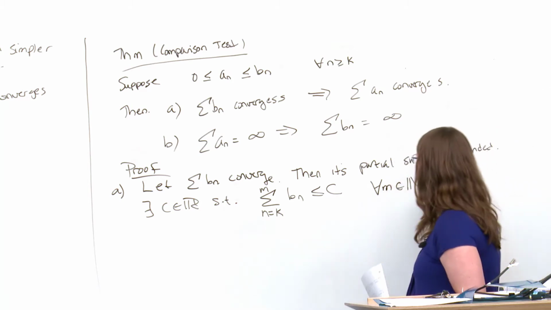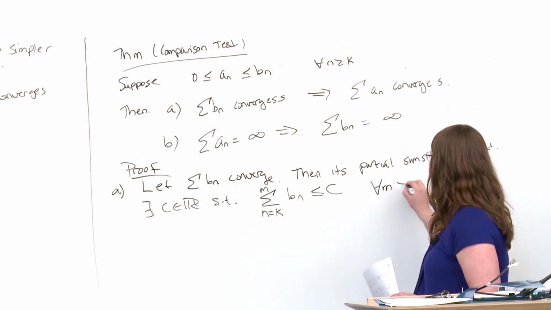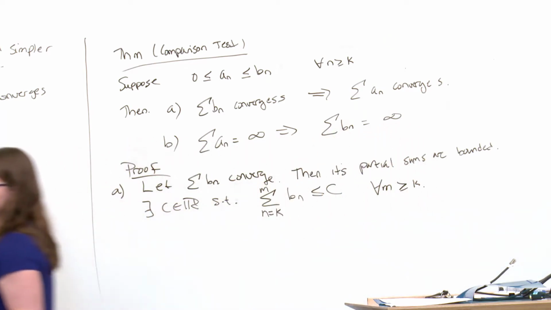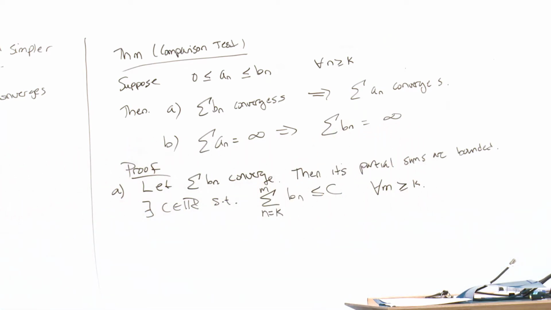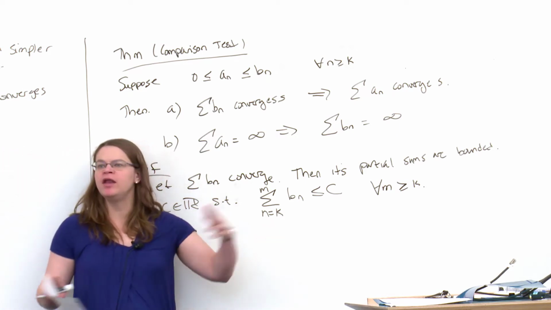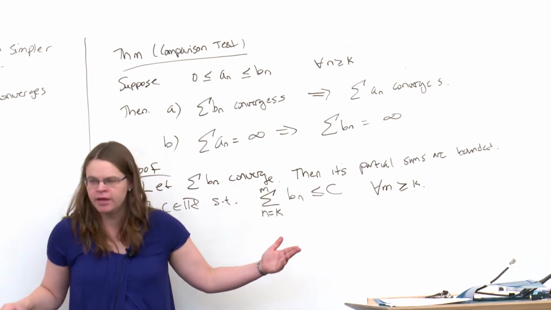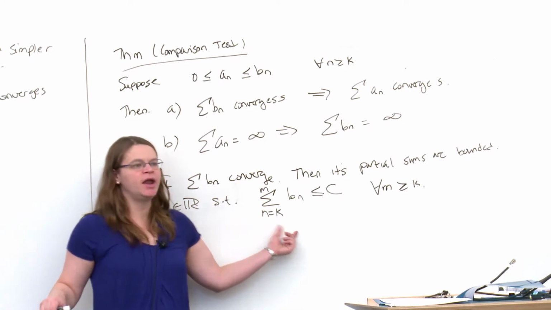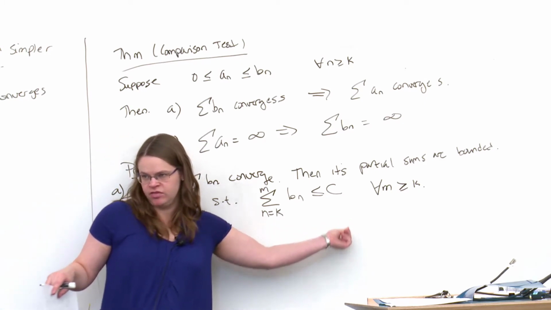We'll say for all m bigger than k, I guess. Okay, so we start at k. We start at the point where we know the terms are positive. Add up as many of the terms as you like. I don't care how many, right? You can add up 1. You can add up 20 million. I don't care. However many you add up, this sum is going to stay less than c.